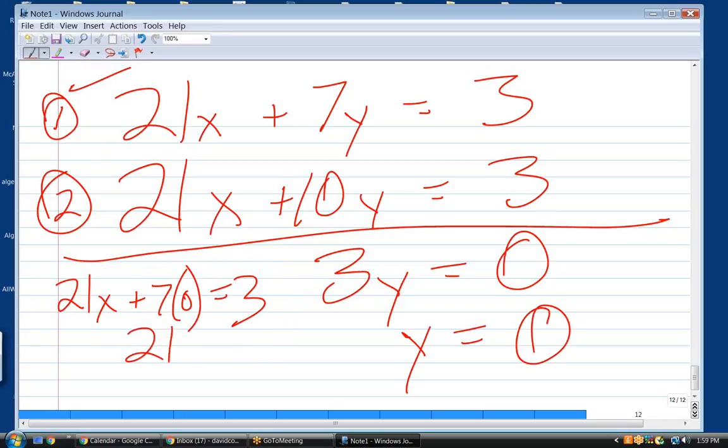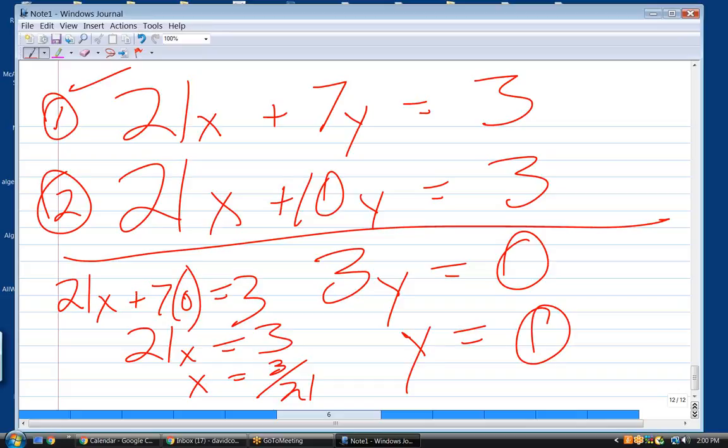21x is equal to 3. Okay, and the next line? x is equal to 3 over 21. Now see, that's not the easiest thing to simplify on a calculator. Yeah, we cannot do that.